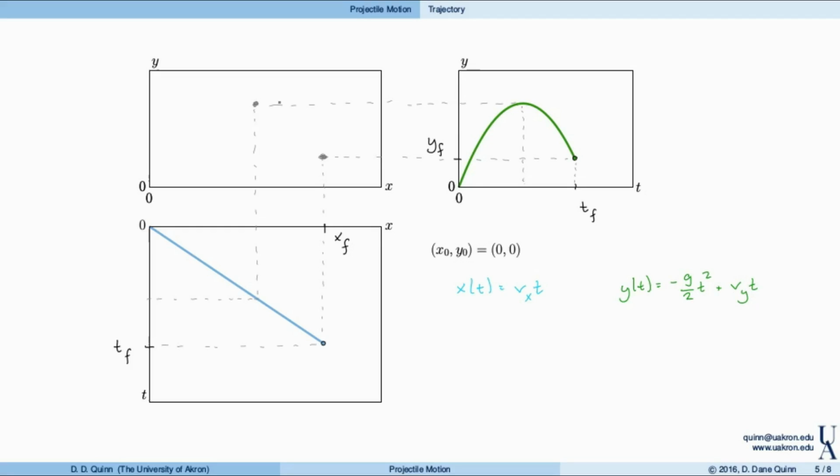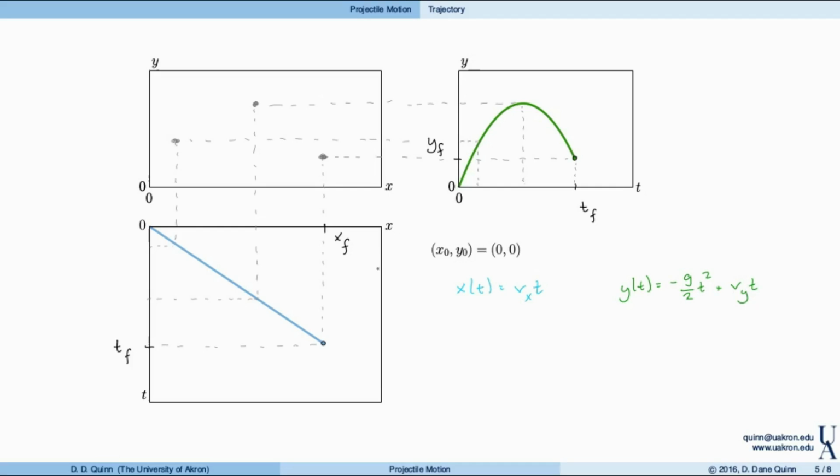Okay, let's do it again. All right, let's take some intermediate early time, maybe here, and move that across. And do the same in the horizontal direction. Okay, so maybe at this time, and find a third point.